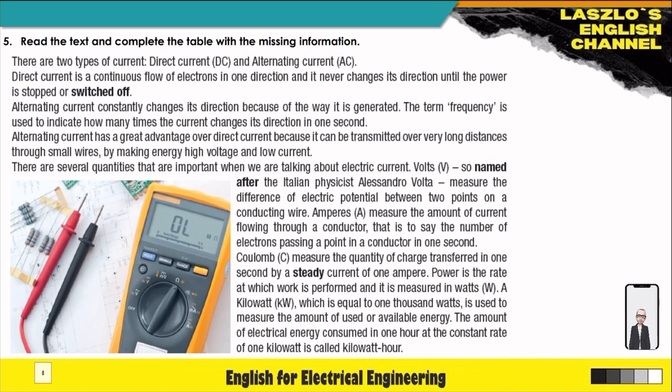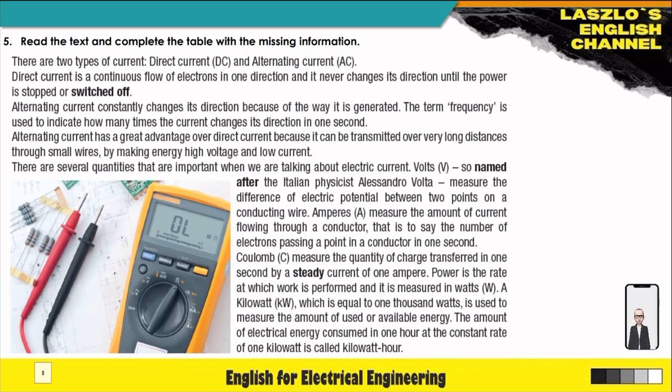Alternating current has a great advantage over direct current because it can be transmitted over very long distances through small wires by making energy high voltage but low current. There are several quantities that are important when we are talking about electric current. Volts, so named after the Italian physicist Alessandro Volta, measure the difference of electric potential between 2 points on a conducting wire.